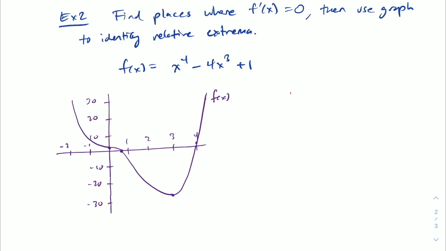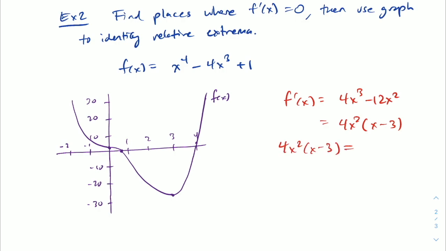Okay, so now let's take the derivative. We'll get 4x cubed minus 12x squared. We could factor out the 4x squared to get 4x squared times x minus 3. If we set this derivative equal to 0, we'll get x equals 0 and x equals 3. Okay, and that corresponds to this point here. You can see the derivative is 0 there, and at this point over here, the derivative is 0 there.